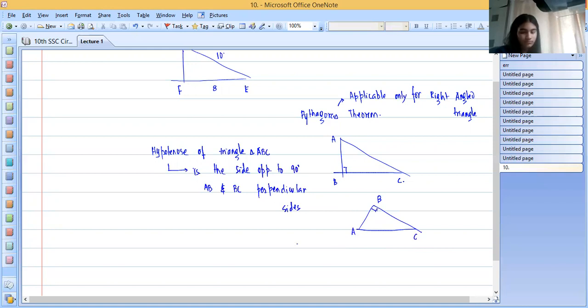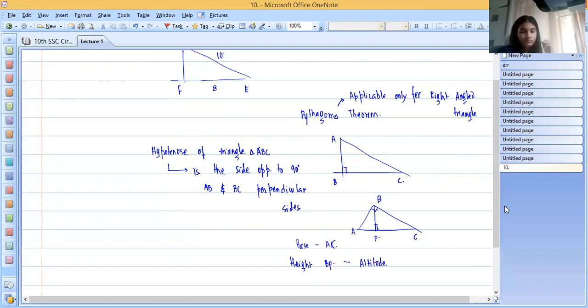In that case, the base is AC and height is a perpendicular drawn from B to AC, say BP. And height is also called as altitude.